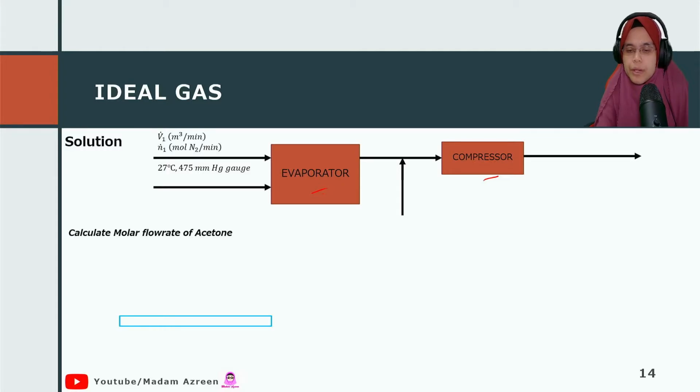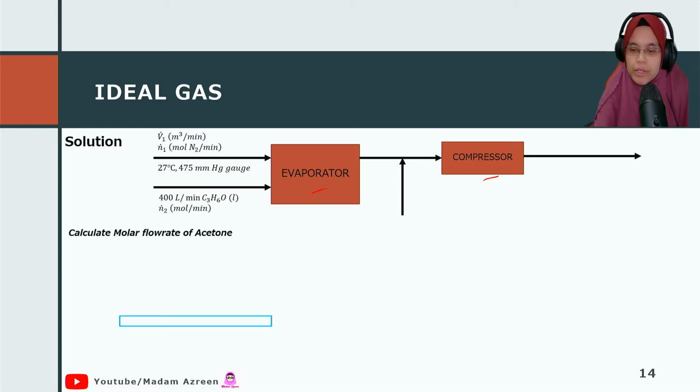Okay, it's about the feed, the first nitrogen stream, at this temperature and pressure. And then we have a liquid of acetone, and we don't know the temperature or the pressure. It doesn't mention in the equation.